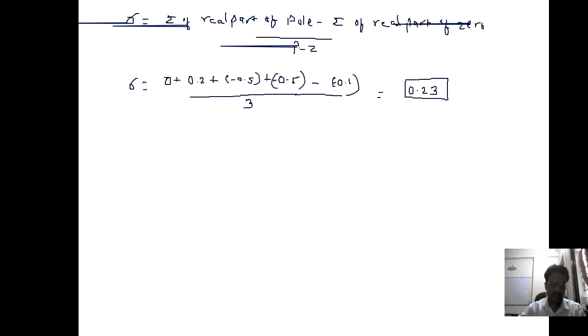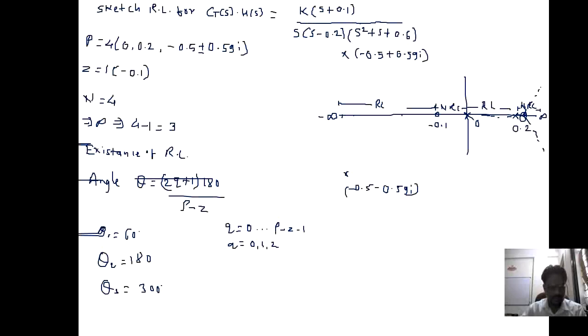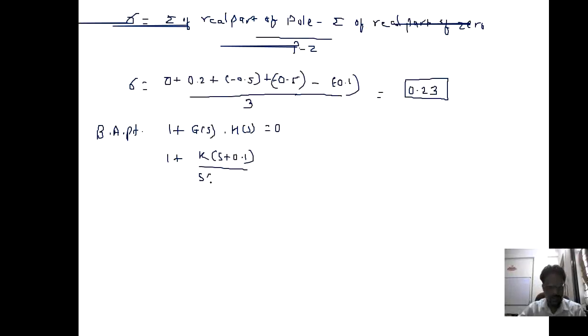Now the next step is the breakaway point. For the breakaway point, let us consider the characteristic equation, which is 1 plus G(s)H(s) equal to 0. So 1 plus K(s plus 0.1) divided by (s minus 0.2)(s square plus s plus 0.6) equal to 0.